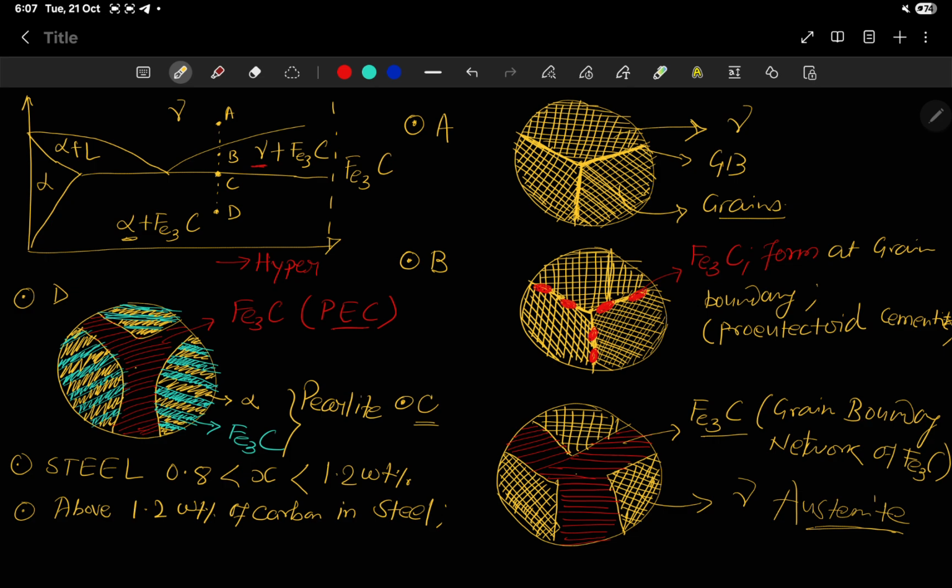The Fe3C phase will form more, and hence the steel becomes brittle in nature. So this is all about microstructure evolution for hypoeutectoid and hypereutectoid steel. So this is all for today.